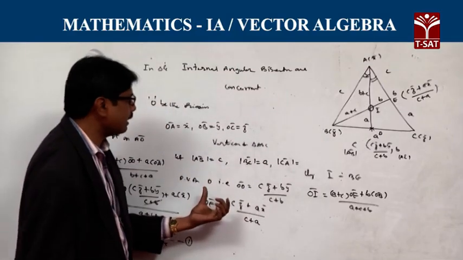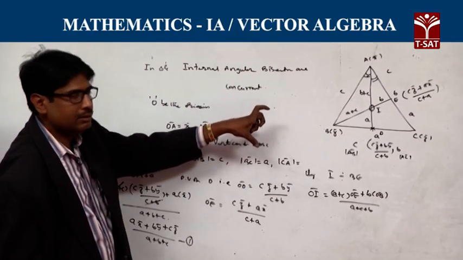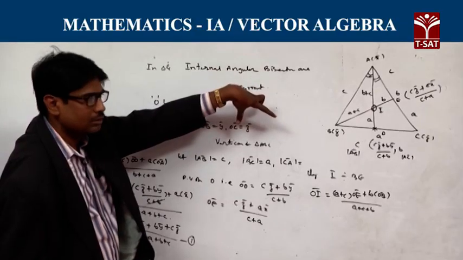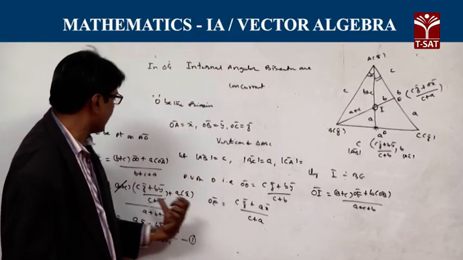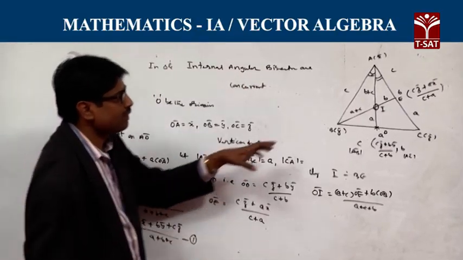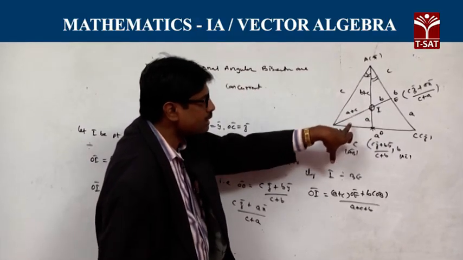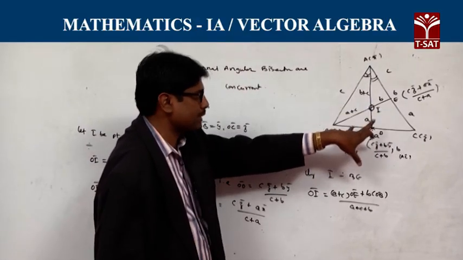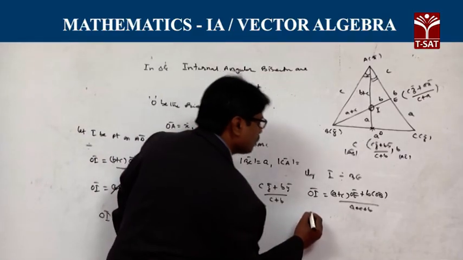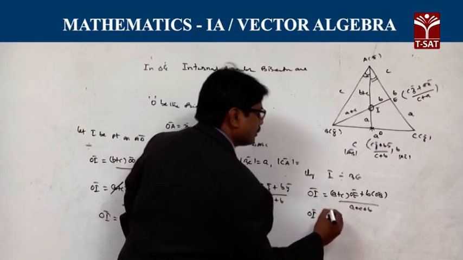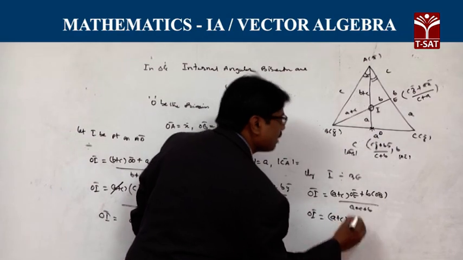First we calculated the position vector of I with respect to the first median, OI bar. Now we are finding I with respect to the second internal angular bisector BE, that is OI bar is equal to (A plus C) times OE bar.